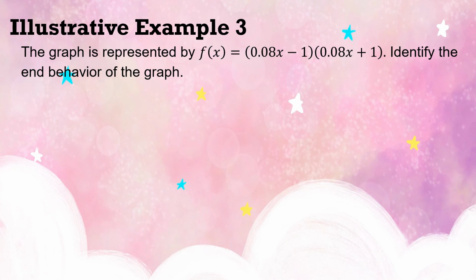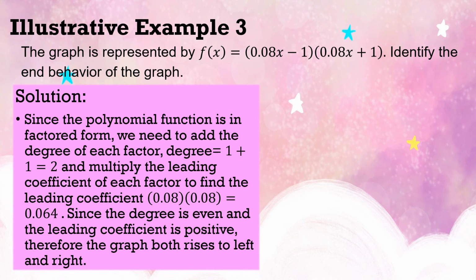Illustrative example 3. The graph is represented by f of x is equal to the quantity 0.08x minus 1 times the quantity 0.08x plus 1. Identify the end behavior. Solution. Since the polynomial function is in factored form, we need to add the degree of each factor. So the degree here is equal to 1 plus 1, which is equal to 2.